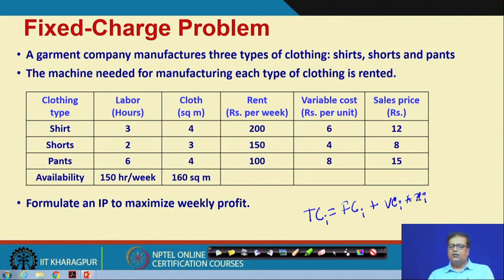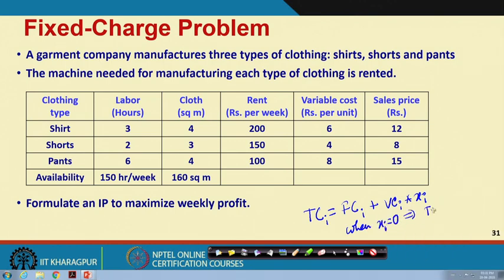So, Xi is whether a given type of clothing, shirt or shorts or pants, is taken or not. If you take it this way, the problem is when Xi equal to 0, then TCi equal to FCi and not 0. This is the problem, that when Xi equal to 0, then TCi equal to FCi and not 0, but what we really require is that TCi should be equal to 0.